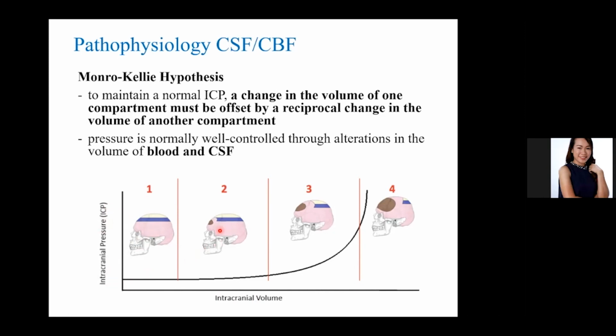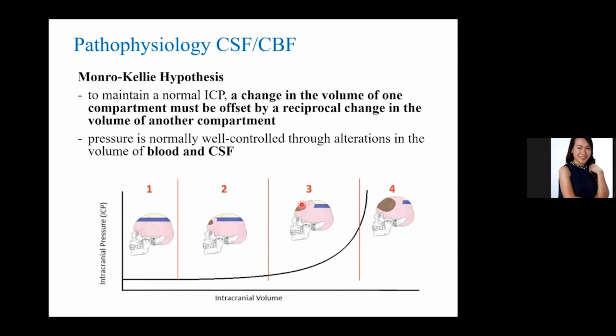Now, on this next slide, we can see here that there is a brain tumor. So there is an increase in the brain tissue. What happens? The blood volume and the cerebrospinal fluid have to be decreased. So when they decrease, we are still able to maintain the same intracranial pressure.